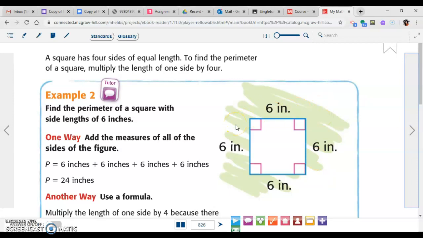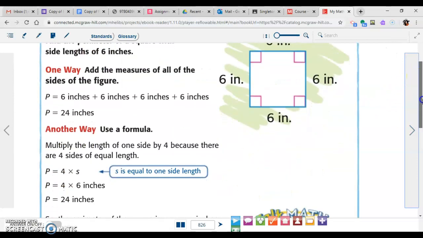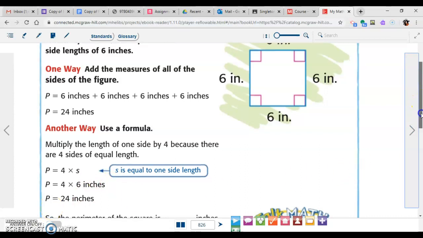Or you can say it's 4 times one of the sides. 4 times 6 is going to be 24. The same way, 6 plus 6 plus 6 plus 6 is also going to be 24. So here's where they add the 4 sides. Here's where they just say 4 times one side, and you get the same answer. It's going to be 24 inches either way.